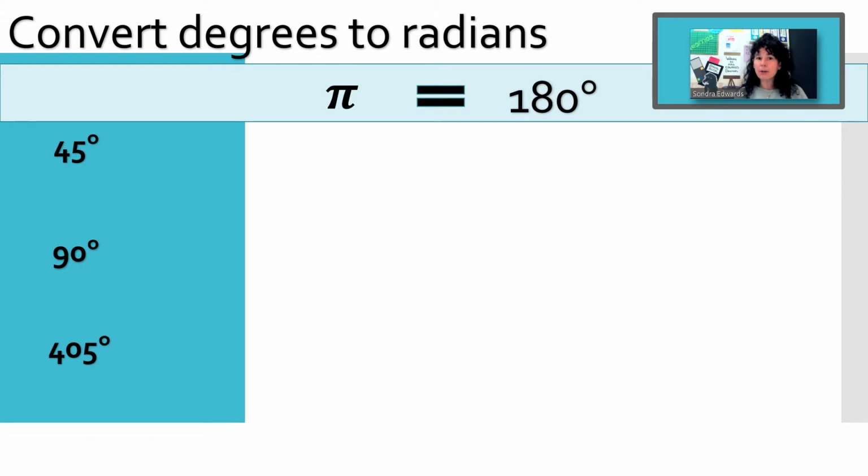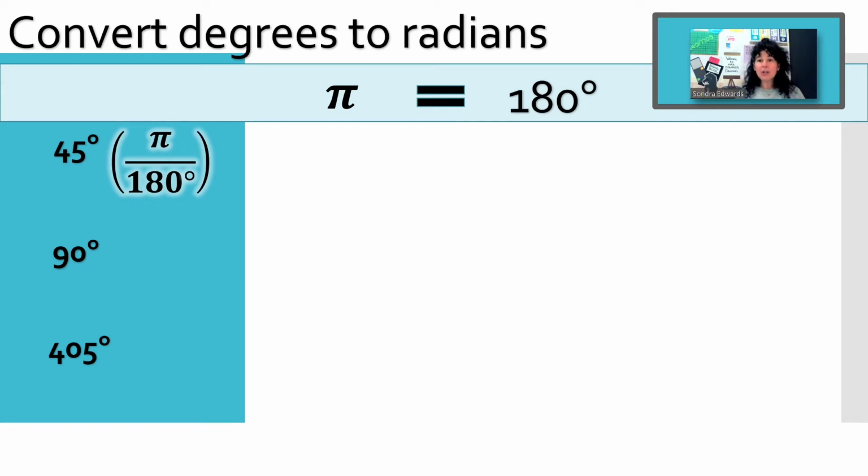So should we multiply by pi over 180, or should we multiply by 180 over pi? Thinking about the labels, we're starting off with degrees and we want the degree label to cancel. So we need to put the degrees in the denominator so that those labels cancel out. That tells us that we should multiply by the fraction pi over 180 degrees rather than 180 over pi.